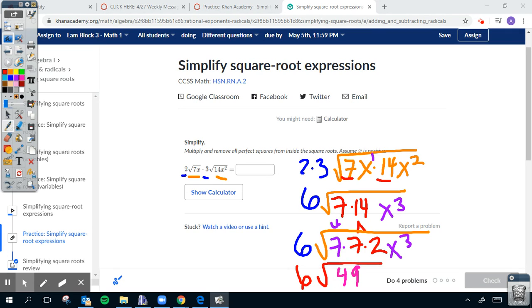Drop everything else down, 2x to the third. Which one of these is a perfect square? Well, I know 49 is a perfect square, and I can bring out what it equals, which is a 7. So on the outside, I have 6 times 7 now. The 49 is done, and under my radical, I still have 2x to the third.